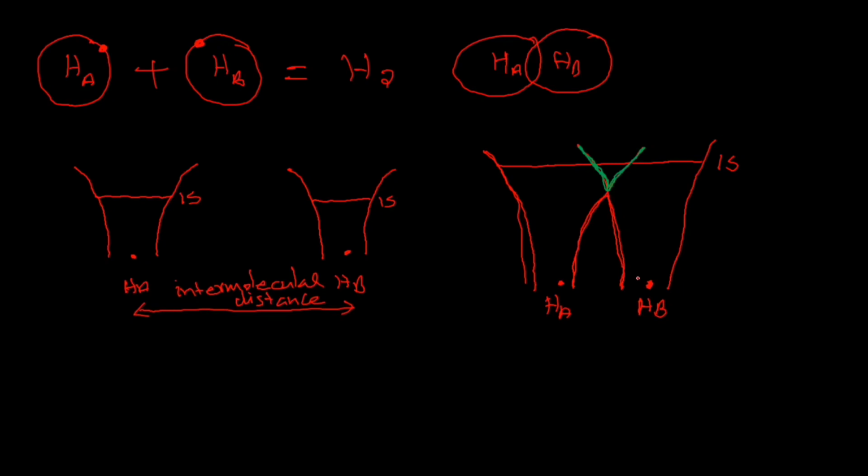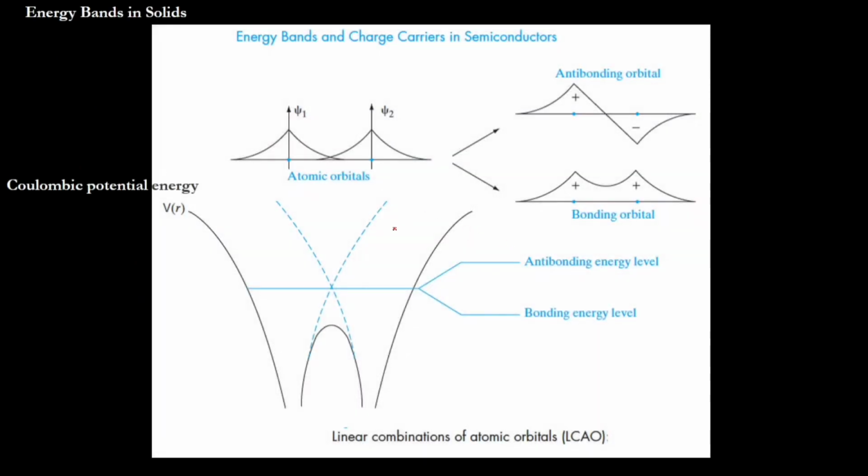Similarly, the electrons in the 1s orbit of HB can move to the 1s orbit of HA as well. That electron is free to move in this orbit always. That is what the diagram shows here. This is how we got this diagram.